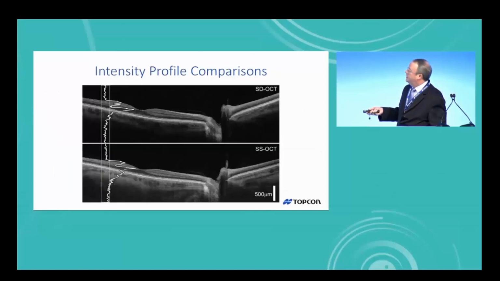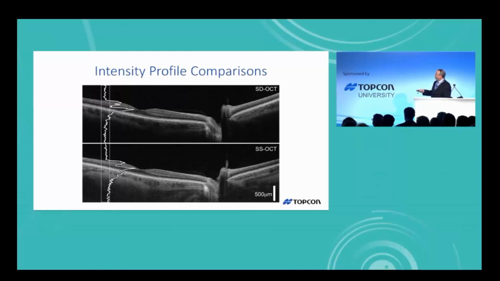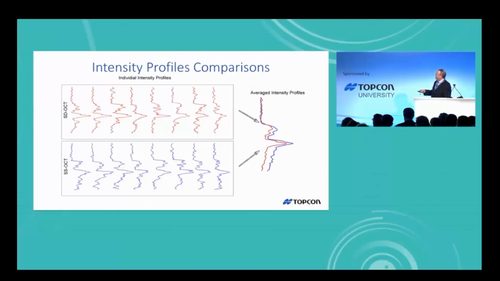So we looked into the signal profiles a little more deeply, and we picked one subject, one single 12 millimeter wide scan, and we picked a location 2 millimeters temporal to the fovea. And we looked at the signal reflectivity profile, and we could see that they're roughly similar. We decided to look at this in 8 of the subjects total, and then average the results.